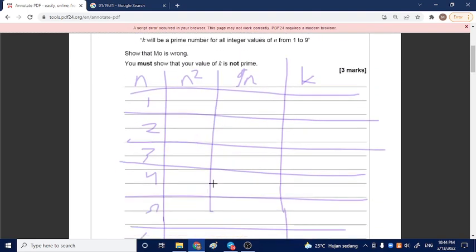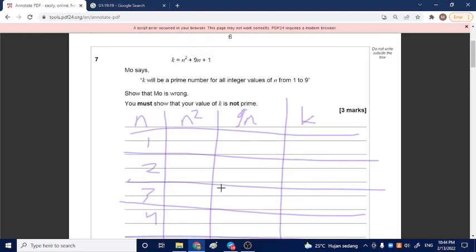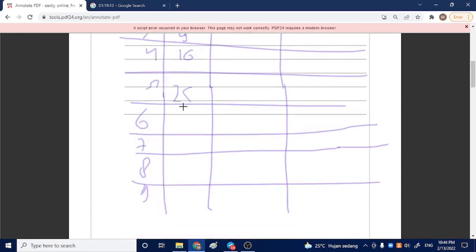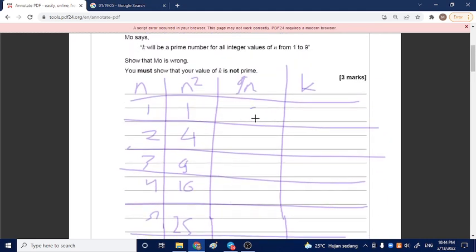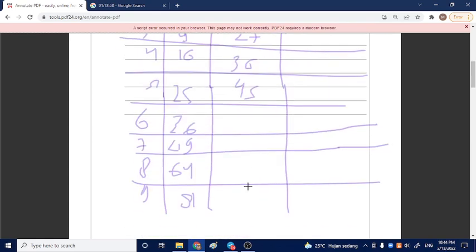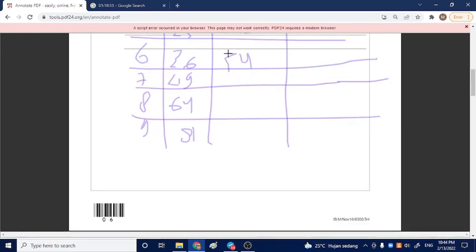So also there's this line. We have to count n squared: 9, 16, 25, 36, 49, 64, 81. 9n is 9, 18, 27, 36, 45, 54, 63, 72, 81.